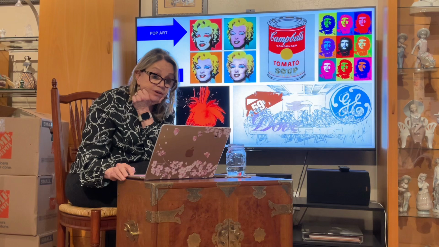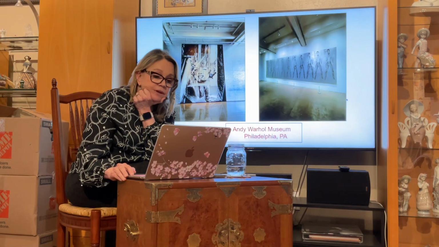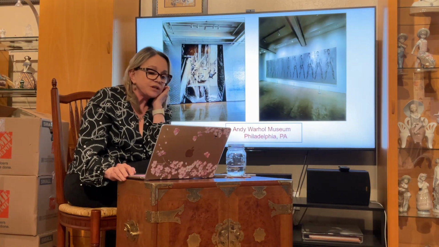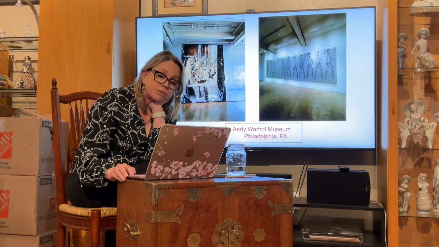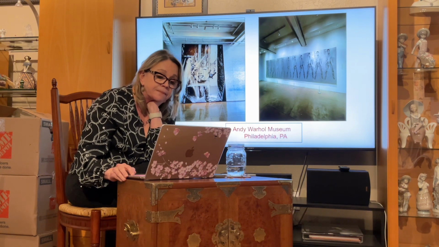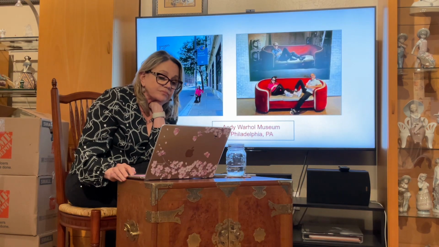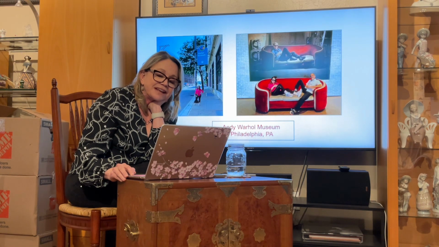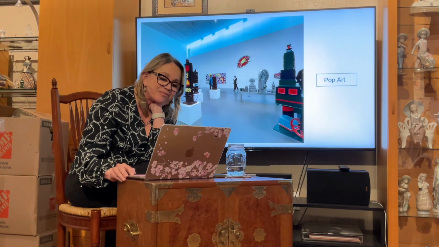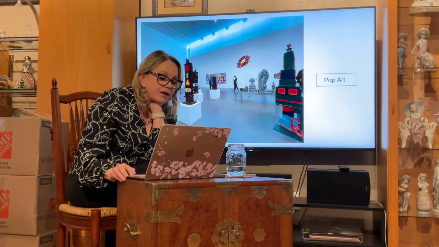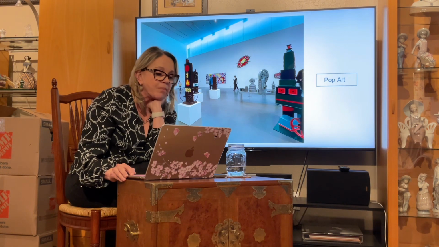So that's very much out there, right? He has a museum that has only his work. It's called the Andy Warhol Museum in Philadelphia, Pennsylvania. And they had this really cool couch that we couldn't resist but to take a little picture on it. More examples of pop art.